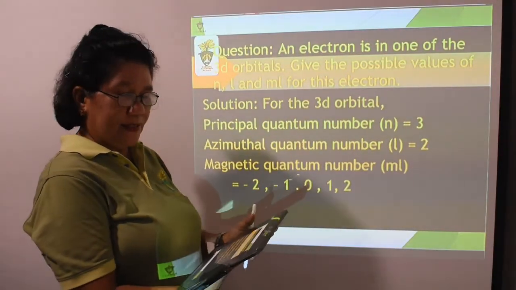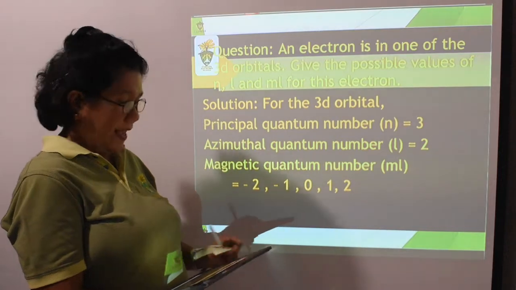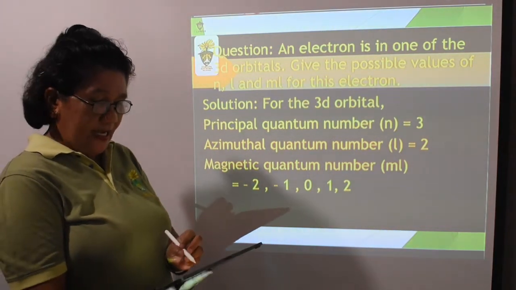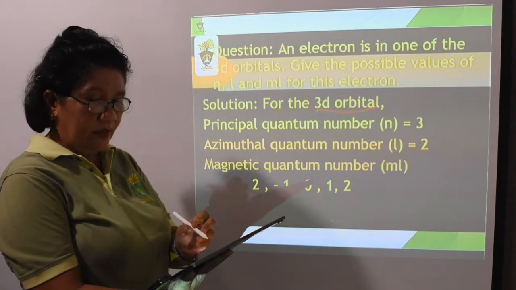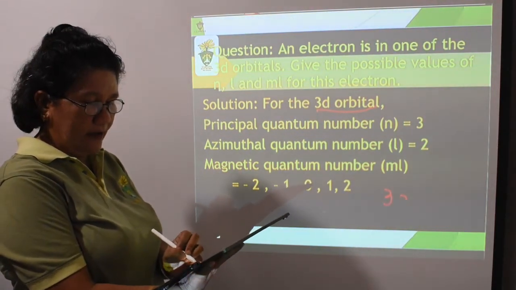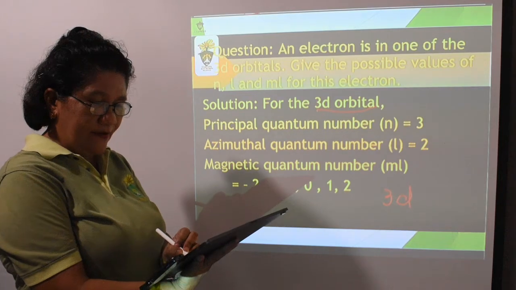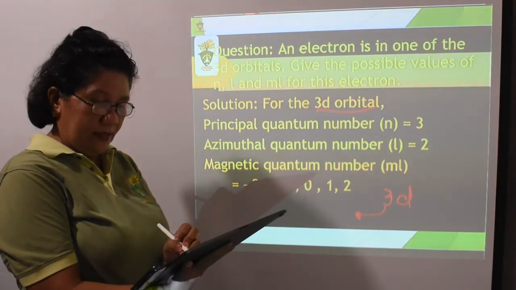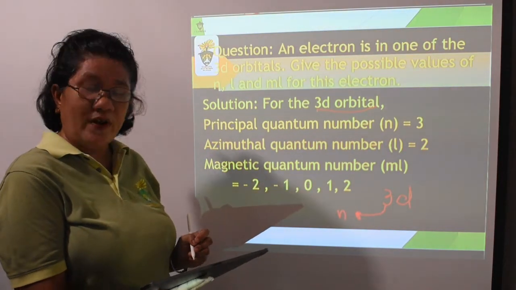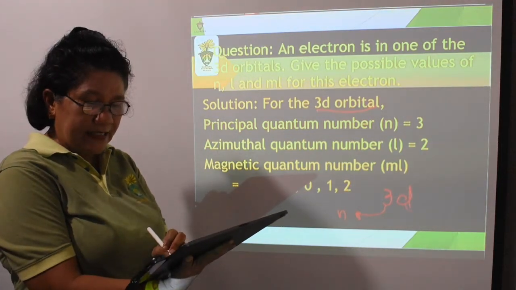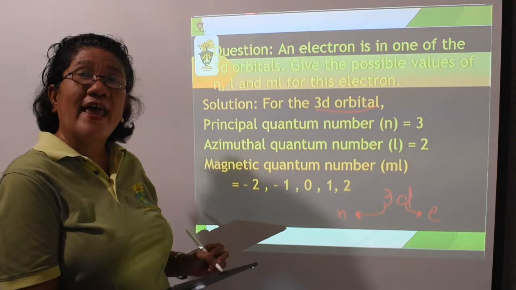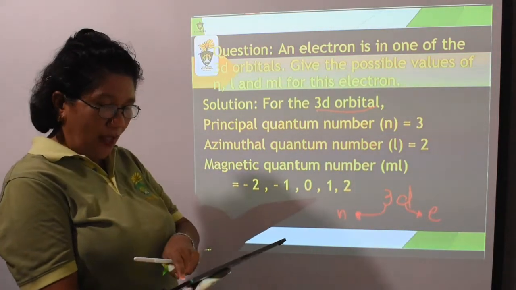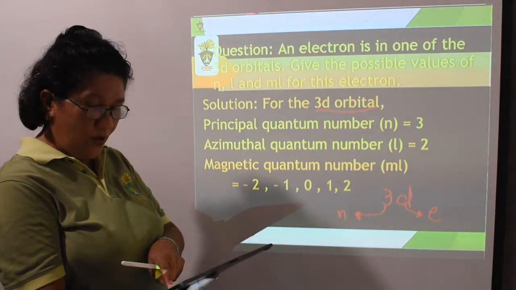So let us apply this. Okay, for instance, we have a given 3D orbital. You already know this is 3D. Actually, this 3 here is the value of your N. This D here is the subshell, or this will be the value of your L. Therefore, what will be the value of your N?